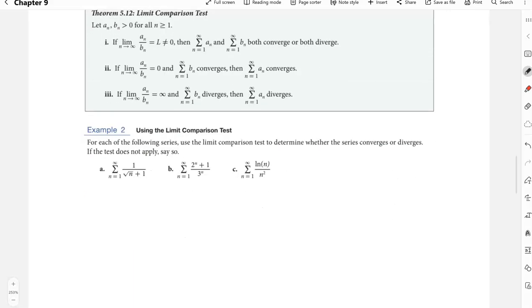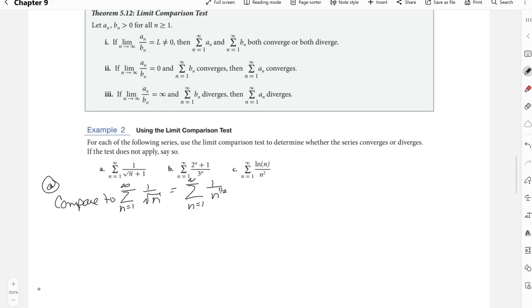So again, you want to compare to something that you know. If I'm looking at this first series, which is the sum from 1 to infinity of 1 over square root of n plus 1, I'm going to compare it to the sum from n equals 1 to infinity of 1 over square root of n, because I know that I could rewrite that power as 1 over n to the 1/2.